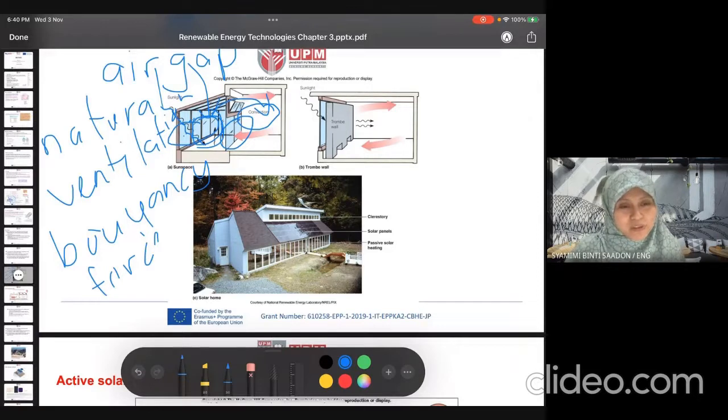So instead of using a heater, which houses abroad usually have, they still use heaters too, but this is extra because they use natural ventilation. So the warmer air will go into the building, and the building will get warmer, heat up, especially during winter.